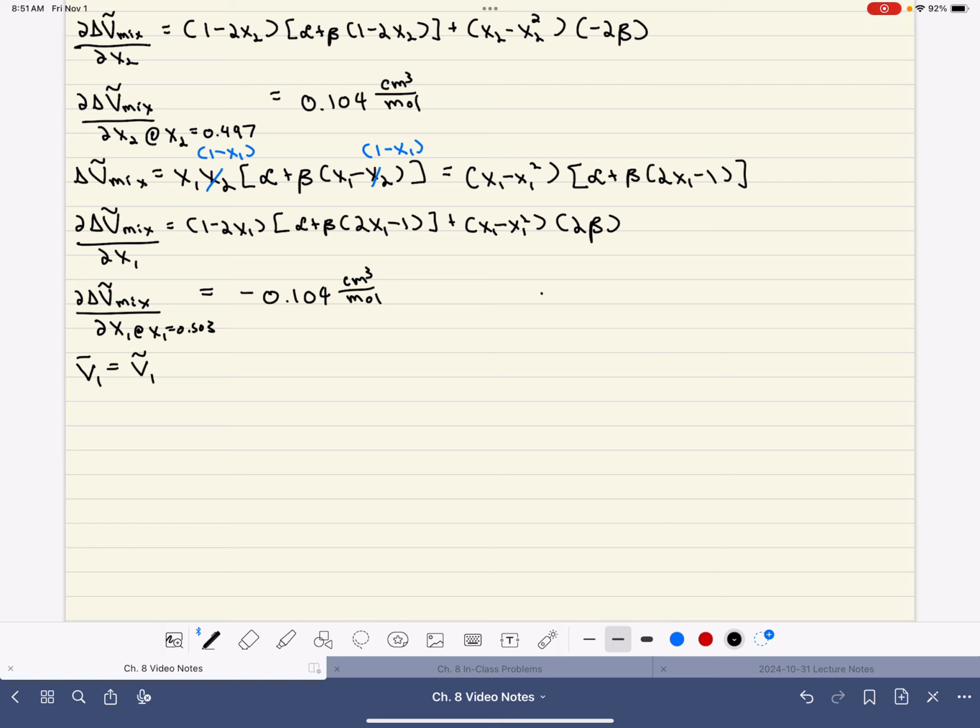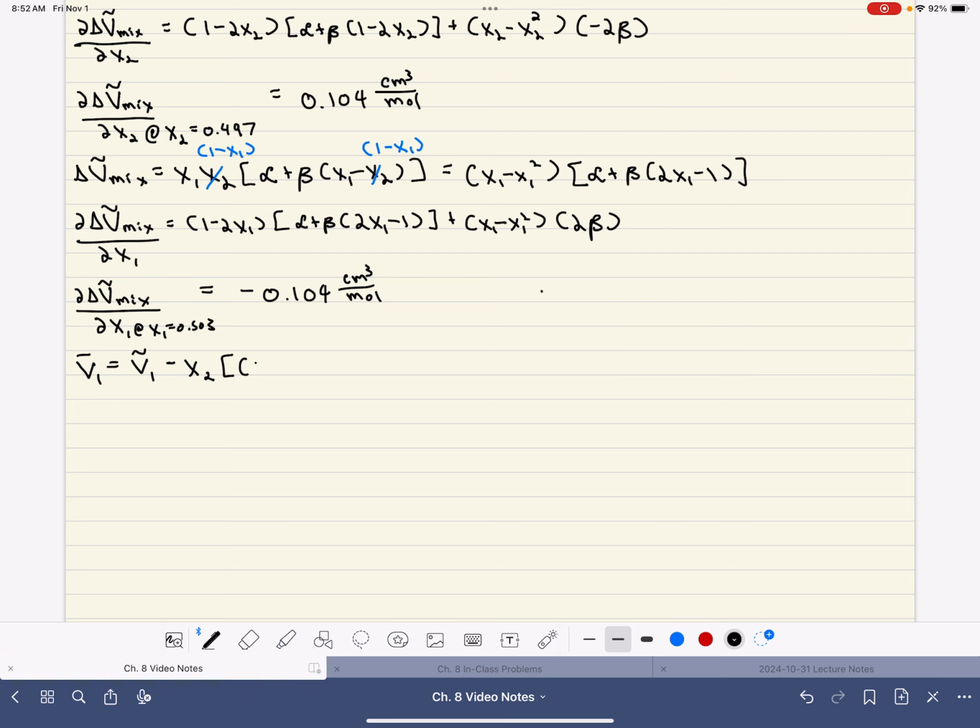So we have V1 molar and then we plug in our expression for delta V mix, or this is the derivative term, not delta V mix.